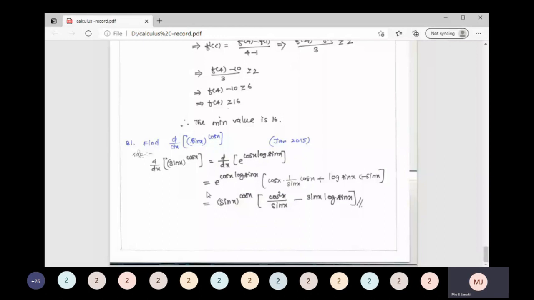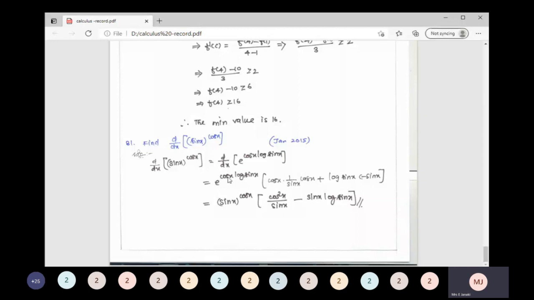And again differentiate the power. See the power, the terms are in product. Take the first term as u and the second term, log sin x, as v. Now you have to differentiate this. Apply the product rule: u into v dash plus v into u dash.